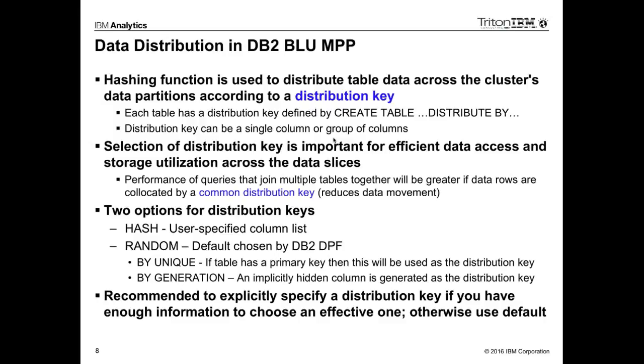When you create a table, you tell us what column to use, and that typically is either the primary key or a couple of keys associated with that particular table. There are some new things that you can do now with BLU. You can also say random. That says that we'll pick what kind of key to use, whether it's unique or by generation. But anyway, you have to figure out what kind of key you want to use.